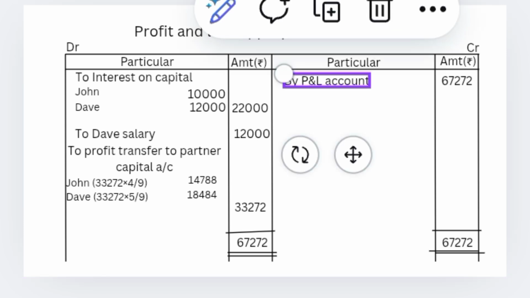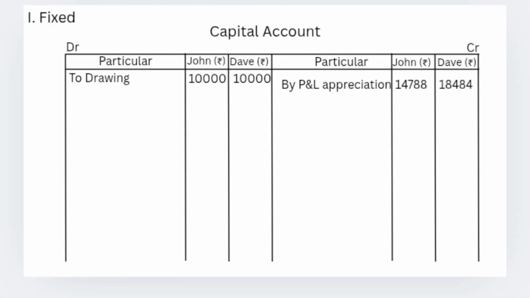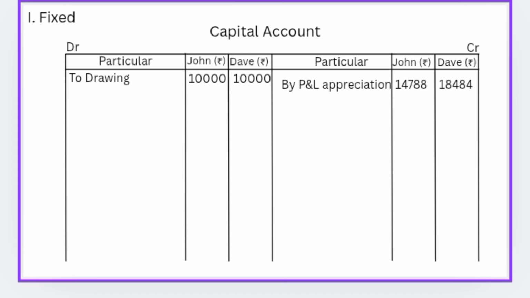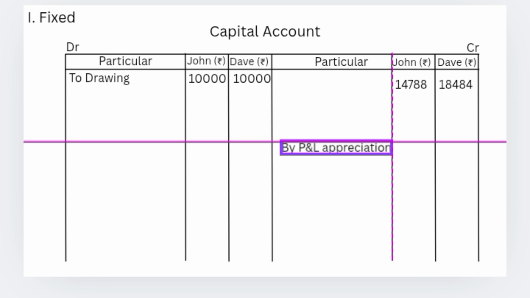I'm sorry guys, this one, the profit and loss appropriation account, will come last. I made a mistake. I'm sorry. This one will come last.